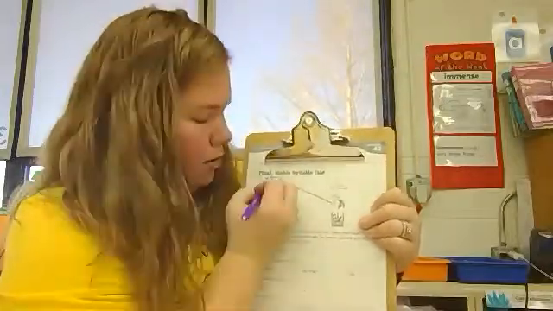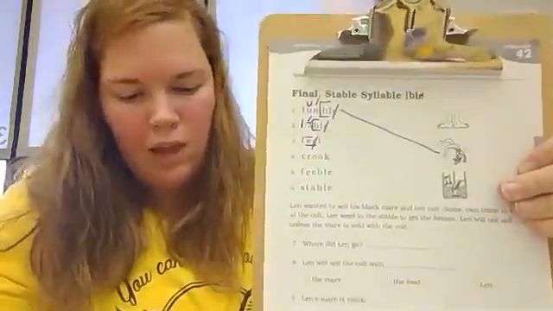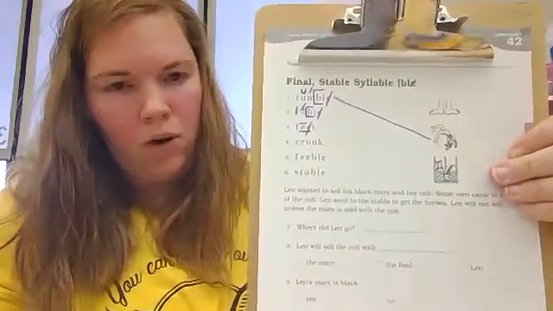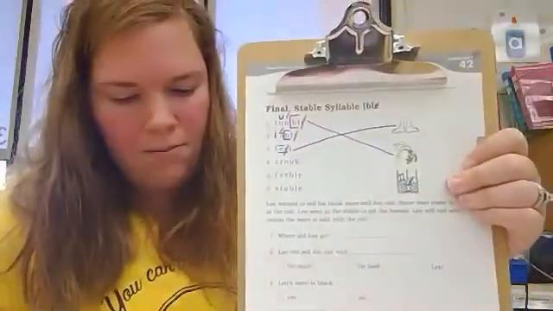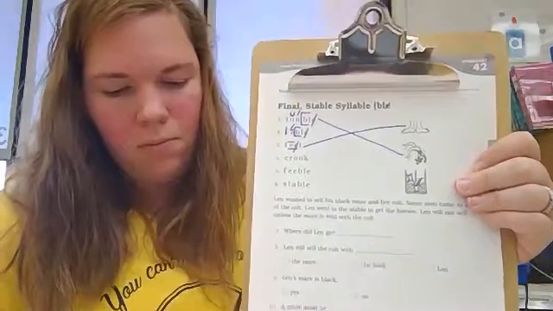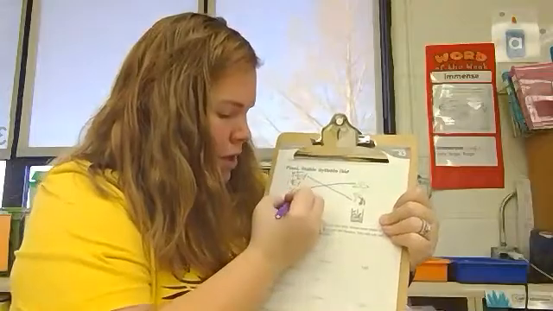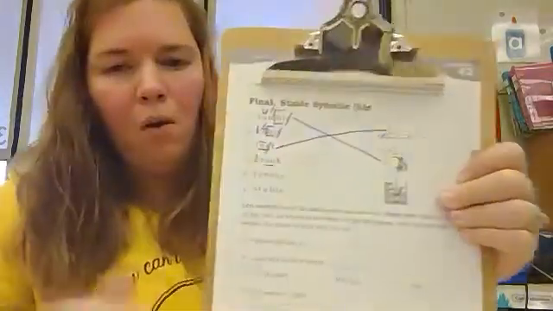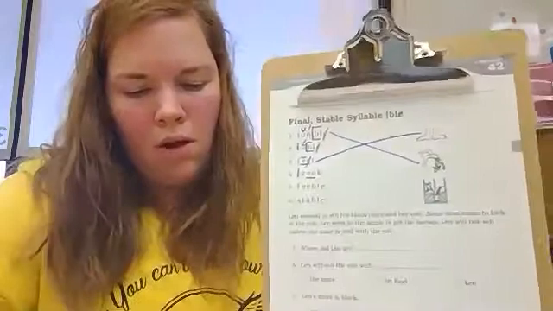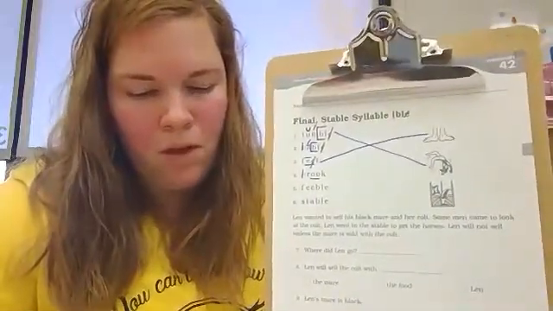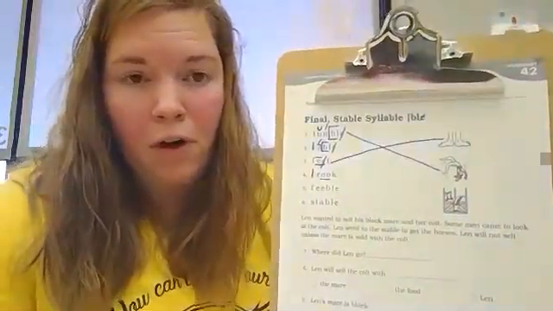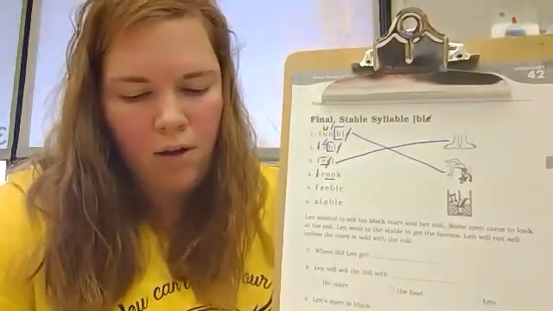We underline a digraph. The first E makes the long sound. The second E is silent. This word is feet, which matches with the top picture. Number 4, K back on the C, and underline digraph O-O. Can you read number 4? Number 4 says crook.